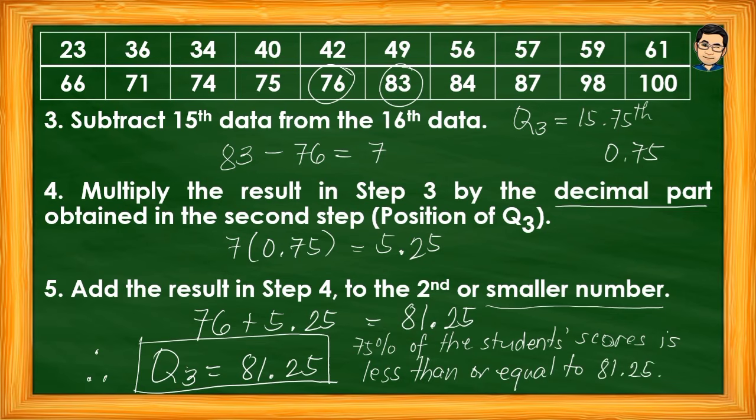Okay, so kapag ini-interpret po natin yung mga data, ayan po yung mismong interpretation niya. So since quartile 3 is 75%, kaya yan, 75% of the student scores is less than or equal to 81.25. So yung kabaligtaran naman 75%, so that is 25% of the student score is greater than or equal to 81.25.